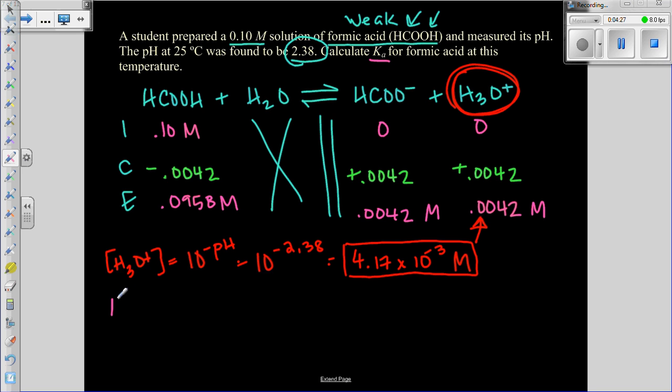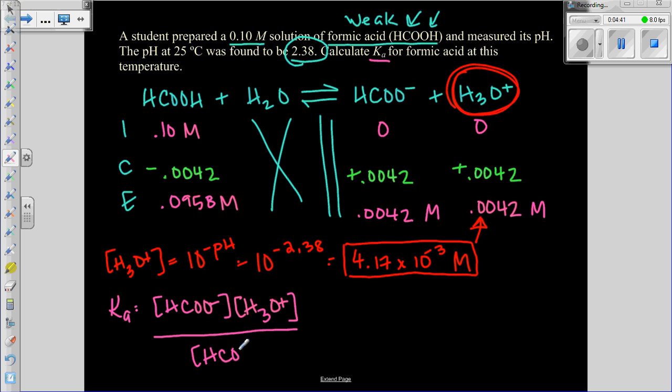So if we write the expression, Ka is equal to the concentration of the formate ion times the concentration of the hydronium ion divided by the concentration of formic acid. And then we're just going to substitute these values in.